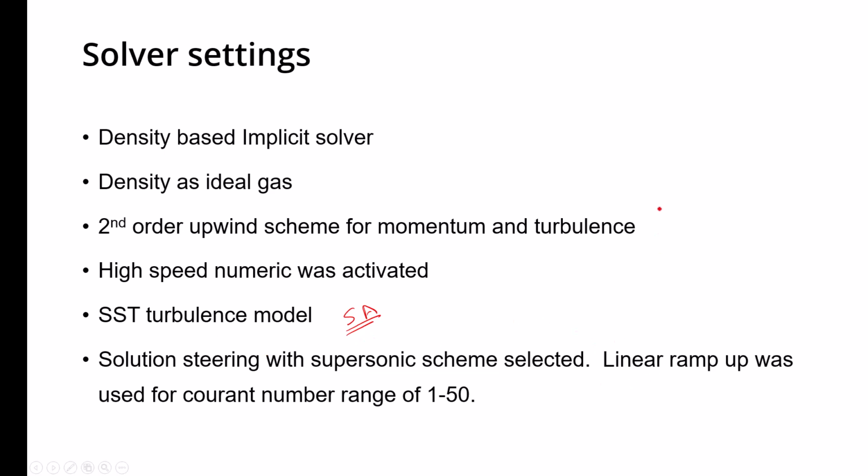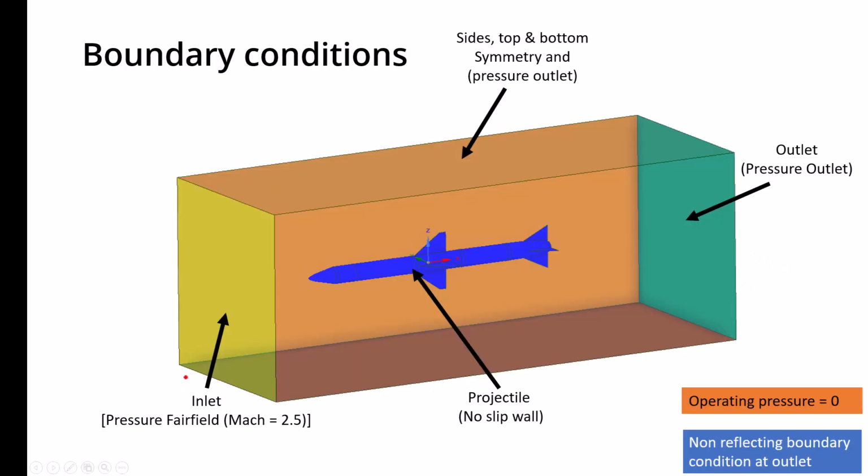But this time in the 2024 release 2, we have a new feature called the linear ramp up. It will gradually, linearly and continuously increase the Courant number. I chose a maximum limit value of 50 and a minimum of 1. It started from 1 and then went to 50.